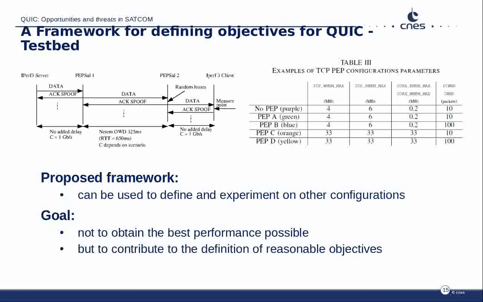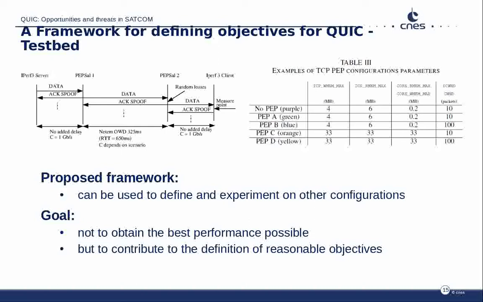But these objectives must also be reasonable enough so that they can actually be deployed on the internet. The testbed we have used for the results I will show later on is described in the figure on the left here. We have one iPerf server and one iPerf client end-to-end, and two PEP cells on both sides of the satellite axis. The capacity between the two PEP cells depends on the scenario, and we have considered different PEP configurations.